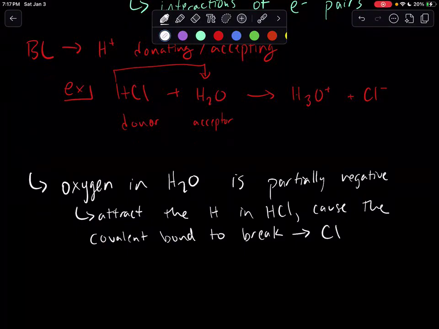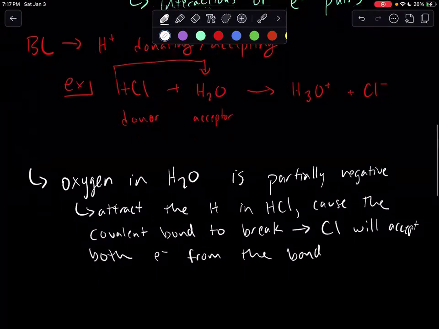And chlorine will accept both electrons from the bond because it is a more electronegative species.